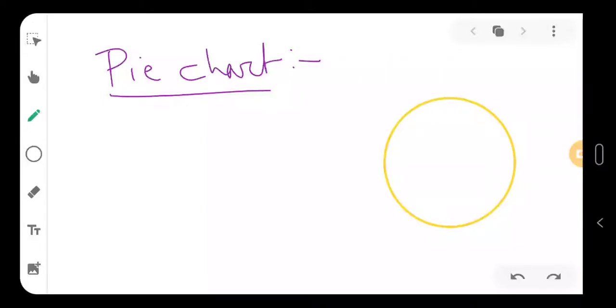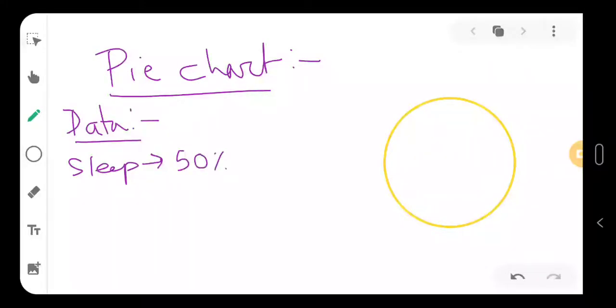So let's say this is our data. The data is our activity data, let's say. So in a day, let's say you sleep. At first we are doing with the simplest case. So let's say you sleep 50% of a day. In a day you sleep 50%.